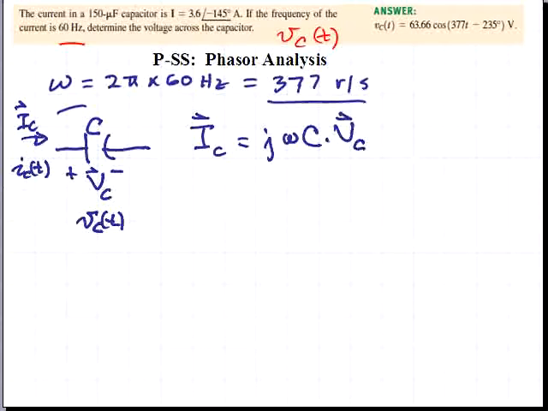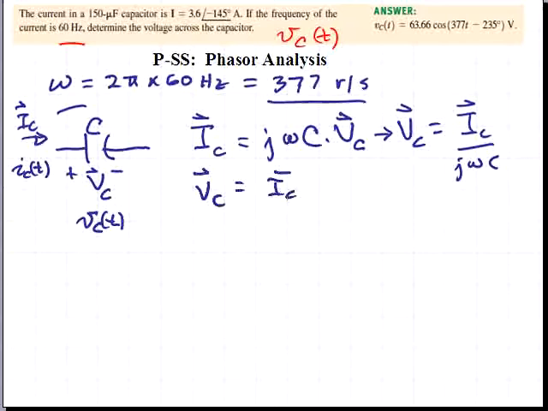We can solve this for the phasor V sub c is equal to phasor current I sub c divided by j omega c, or V sub c is equal to I sub c divided by omega c at an angle of minus 90 degrees.